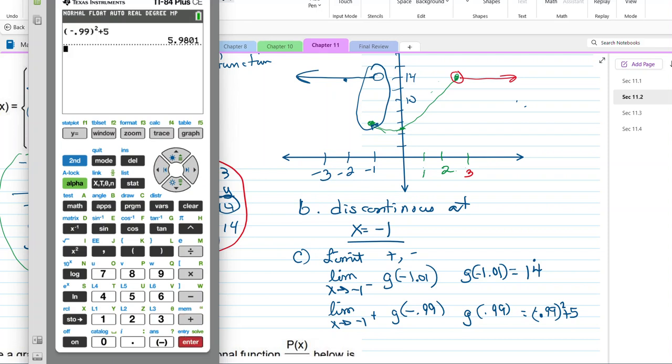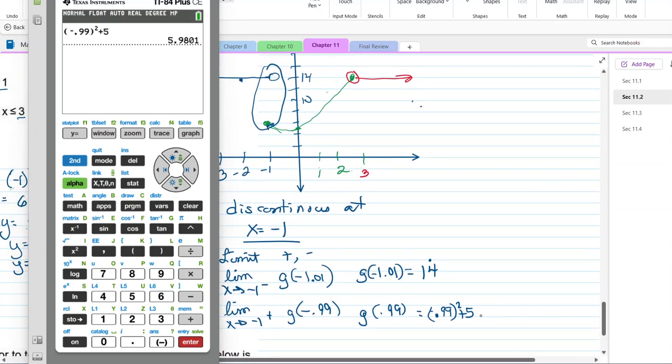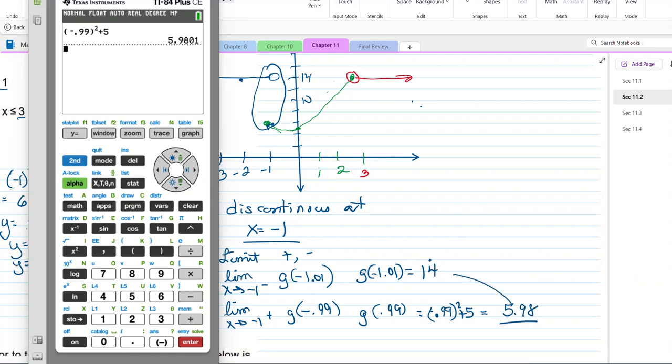And I get a value close to 6. So they are with a gap.